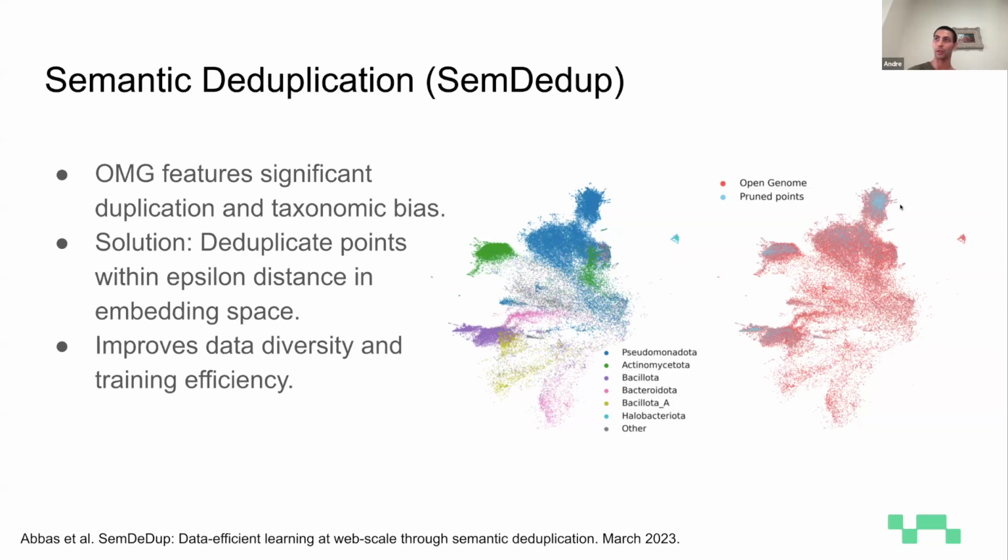Everything in blue here gets removed from the dataset. And as a sanity check, we see that these pruned points occur specifically in overrepresented taxa, like Pseudomonadota, for example, which is the most common one in our dataset.